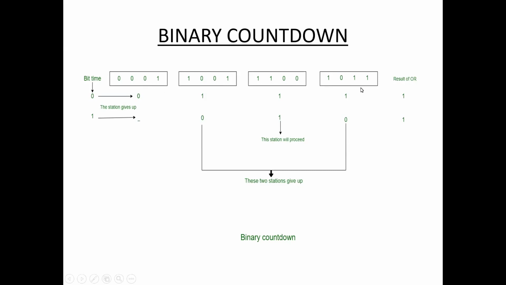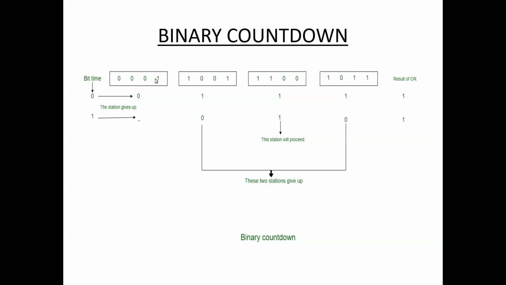These are the binary addresses of 4 different stations. These binary addresses are ORed together, and we take the result of the OR operation.